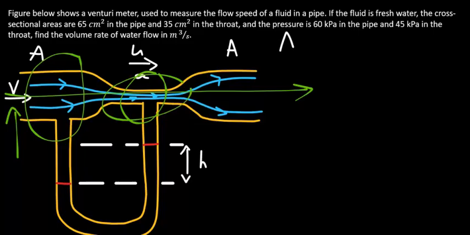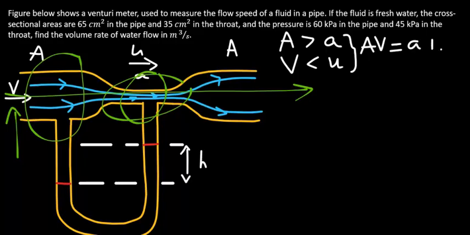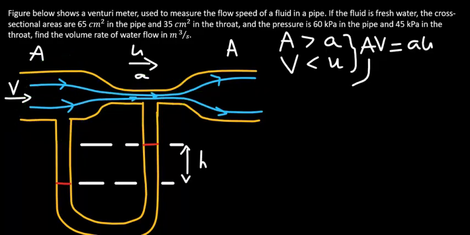So you can write A is greater than little a, capital V is less than u. A consequence from continuity equation that says capital A times V equals little a times little u. The product of these terms give you the flow rate in a unit of cubic meter per second, which is what we want to find finally.